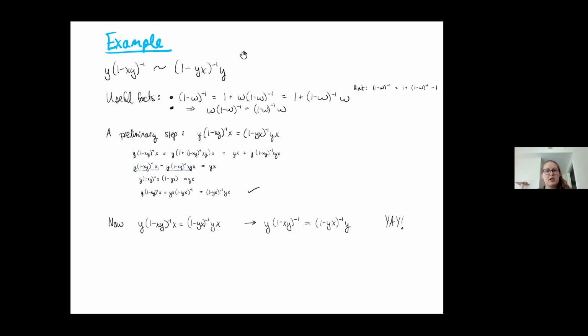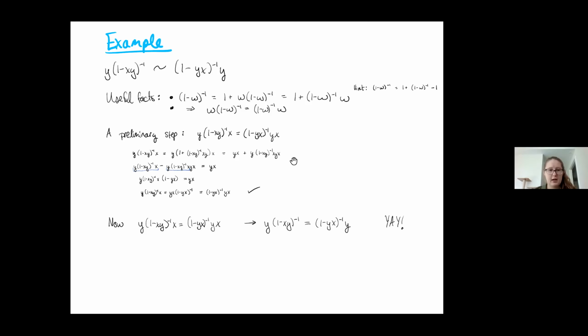So now we're actually going to try to show our example, and we need to do a preliminary step. So our preliminary step here is just like this w up here. I want to pull my y in some sense through this inverse, but it's going to get stuck a little bit. So you can go through algebra here.